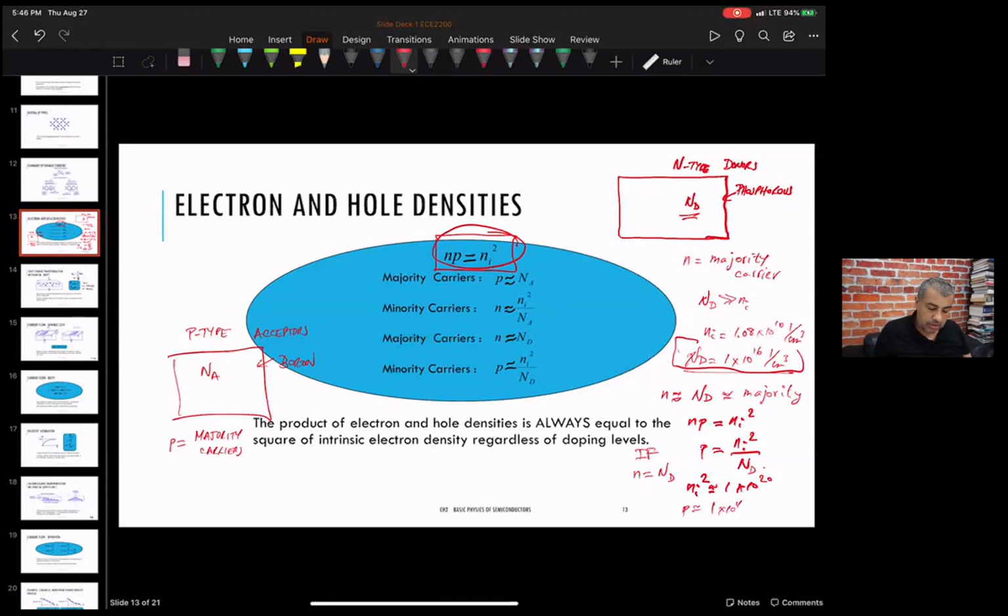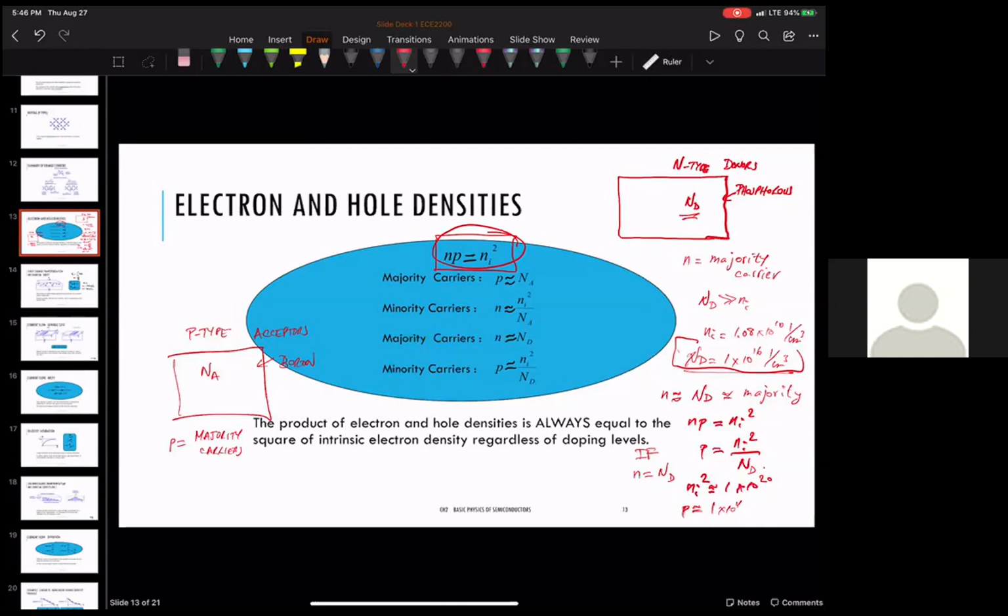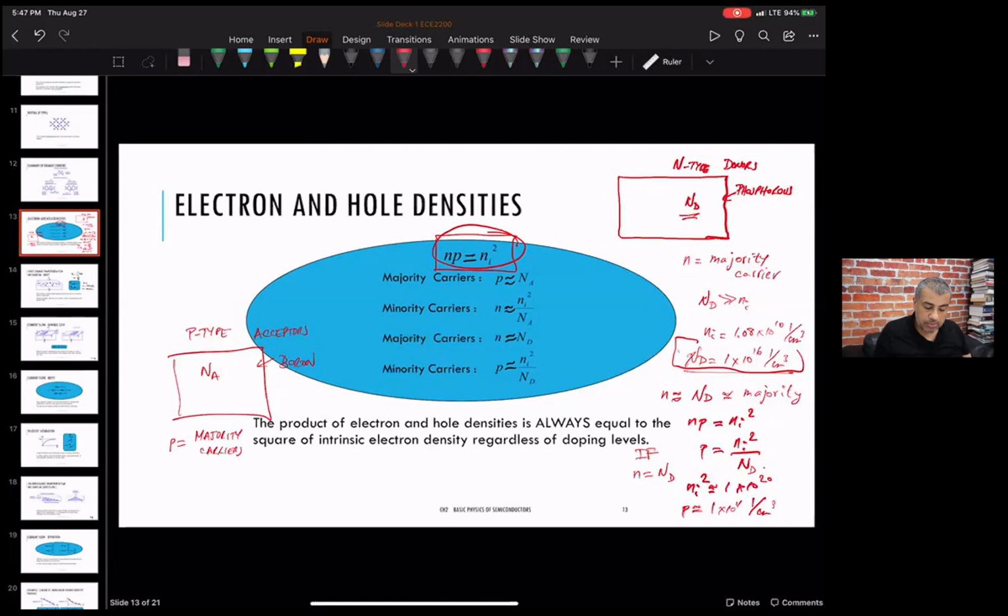So in an N-type silicon, now we know why p is called the minority carrier and n is called the majority carrier. The free electron concentration is around 1 times 10 to the 16th per cubic centimeter in this case, and the holes are 1 times 10 to the 4th per cubic centimeter.